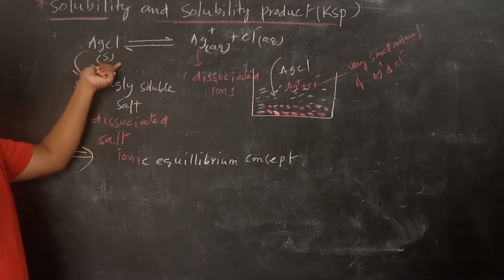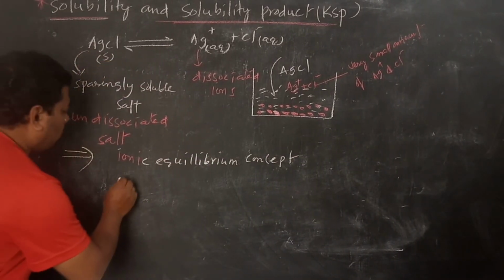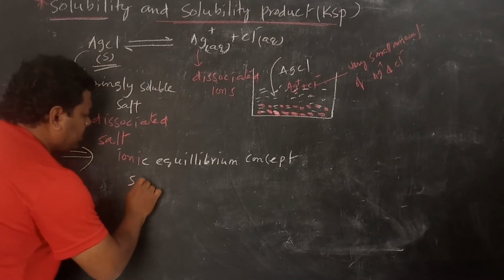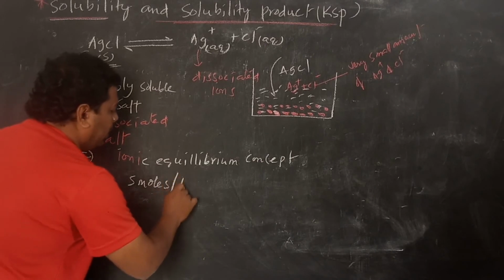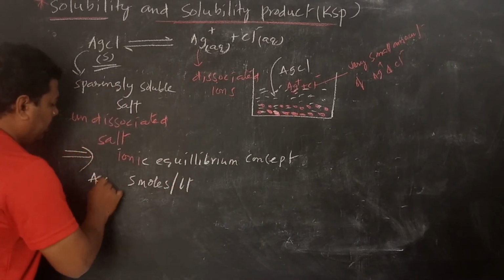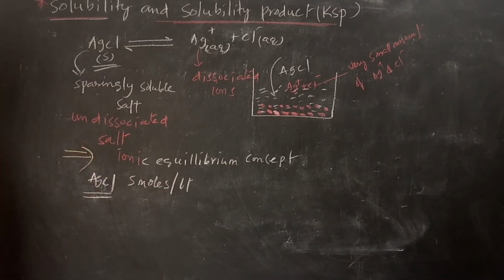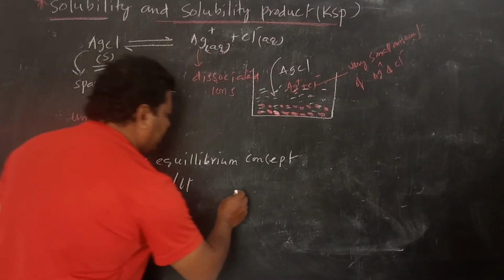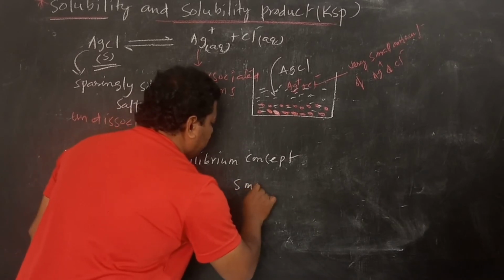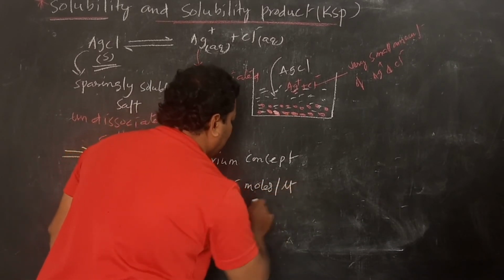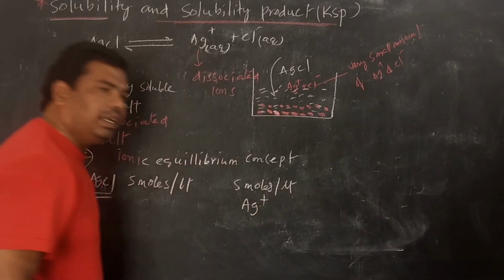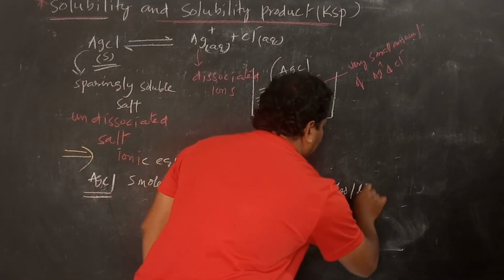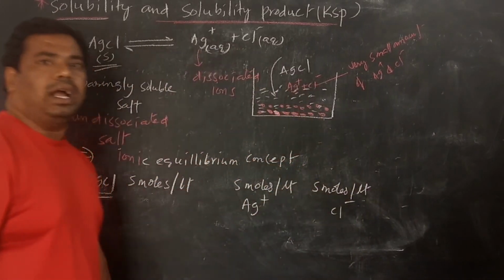Okay, so here generally S moles per liter of AgCl is present in the solution. It is present in the form of S moles per liter of Ag plus ions and the same S moles per liter of Cl minus ions.